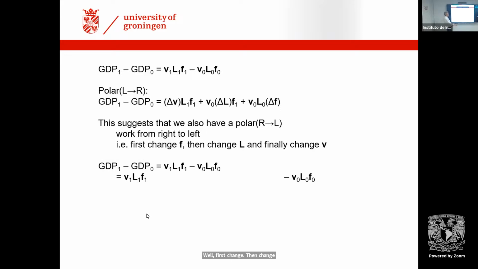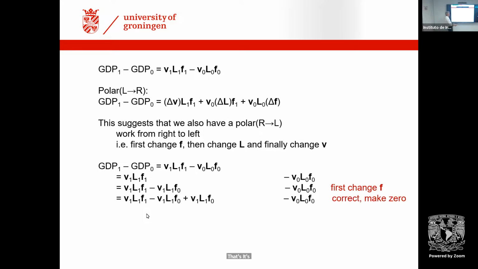Okay. This is what we start with, change in GDP, VLF in period 1 minus VLF in period 0. That's what it says here. And now the first step, going from right to left, is change F into F0. That's the first step. This doesn't belong here, so again, you must correct for that. Add it again.